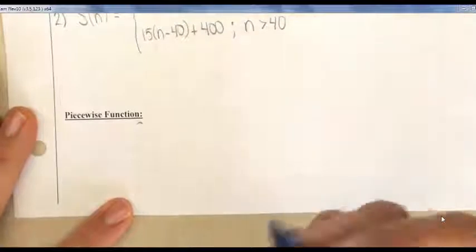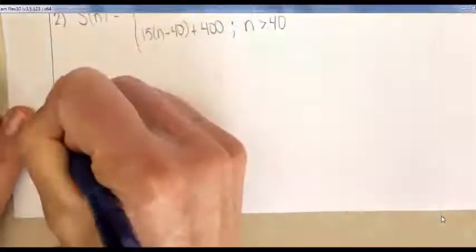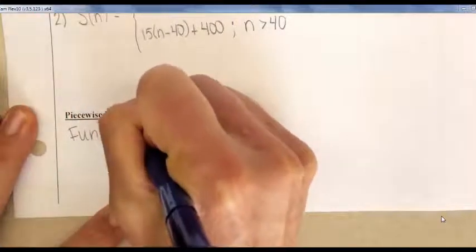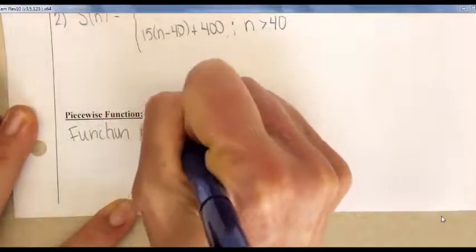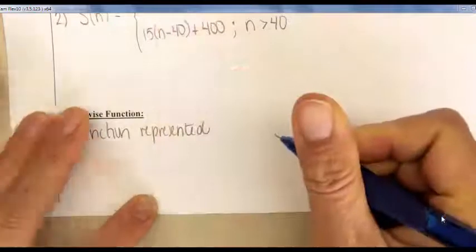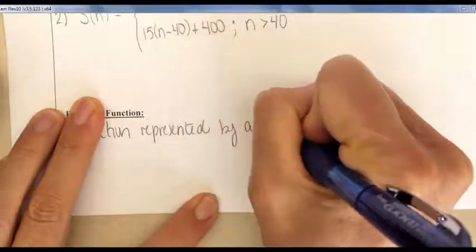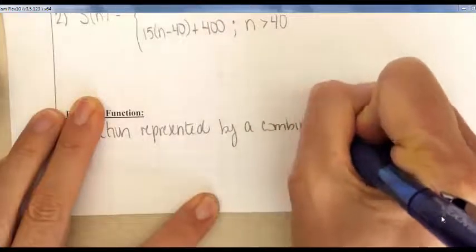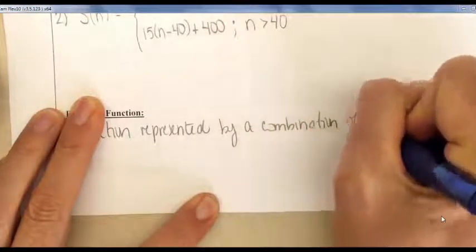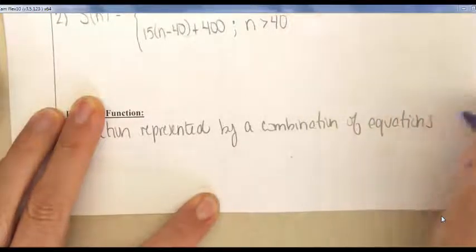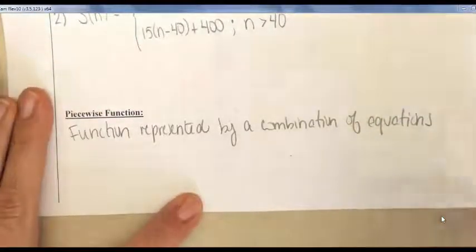So let's define a piecewise function. A piecewise function is a function represented by a combination of equations, just like above.